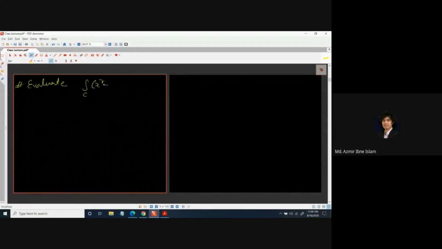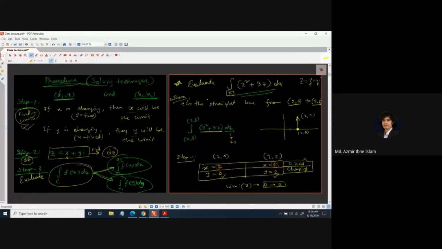I'm taking the same integral, but this time the path is different.